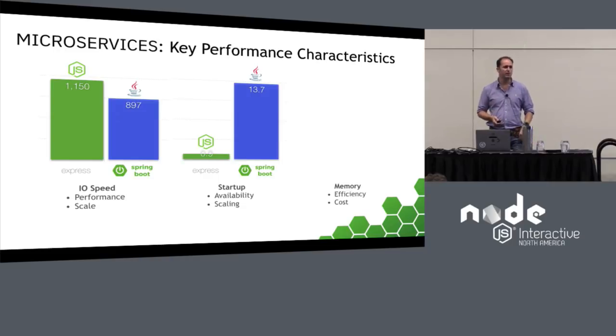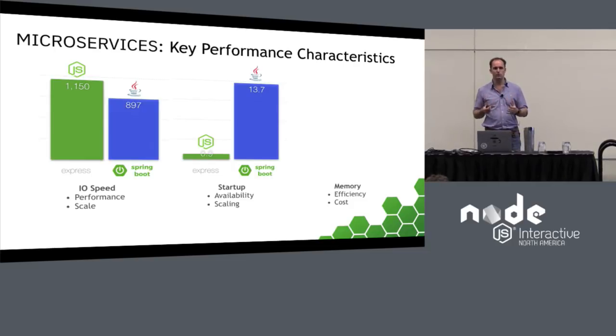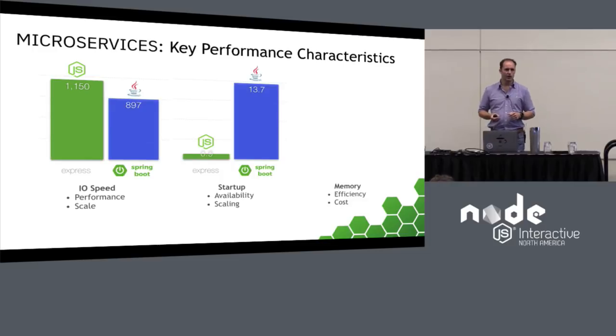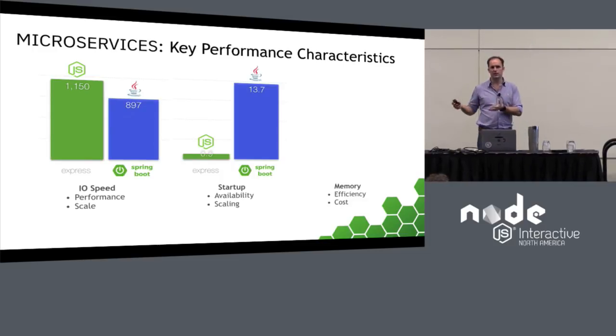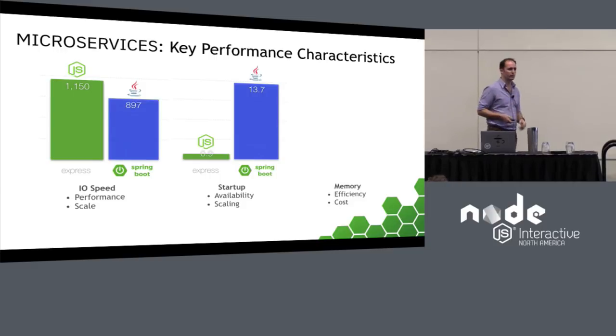And finally, memory. When you deploy applications to a cloud, most cloud providers charge you according to the amount of memory that you're using when you deploy your application. So the more memory you use, the more you pay. And secondly, if you're running this yourself on your own machines, the amount of memory an application uses dictates the amount of density you can have, how many applications you can deploy onto a machine.